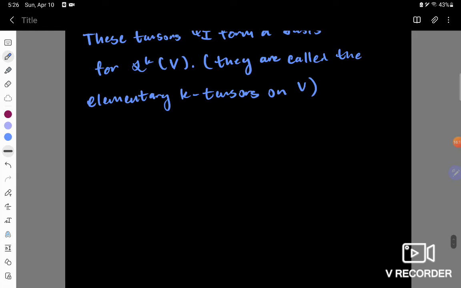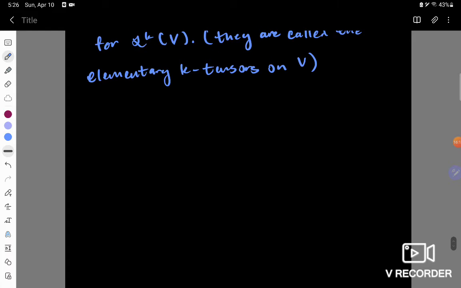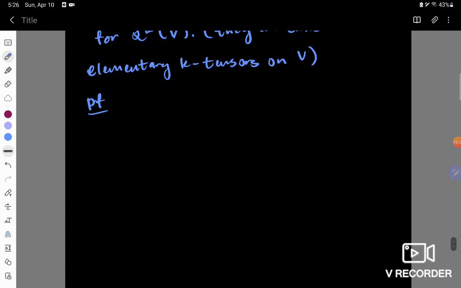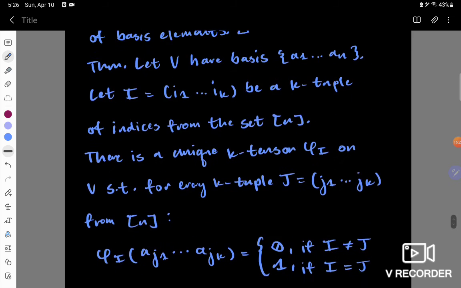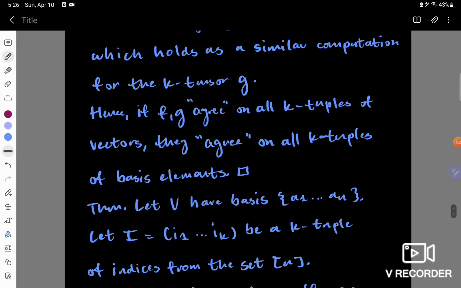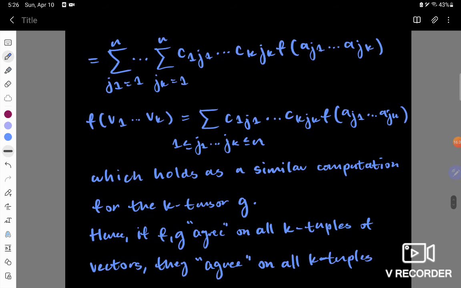Okay. Let's just prove this. Uniqueness we have already shown, as a matter of fact. And why, you might ask, have we shown uniqueness? We have exactly shown why, if this exists, it will be unique by the preceding lemma. So if we have any two k-tensors that agree like this, then we know they're the same.